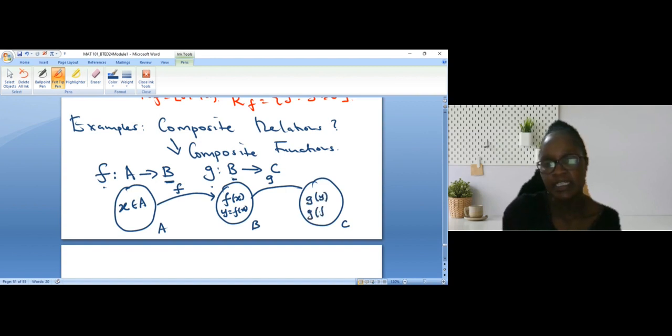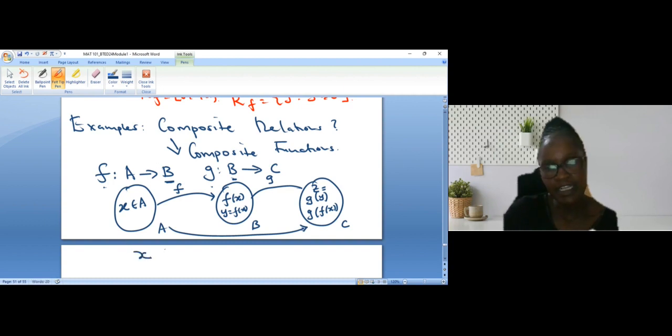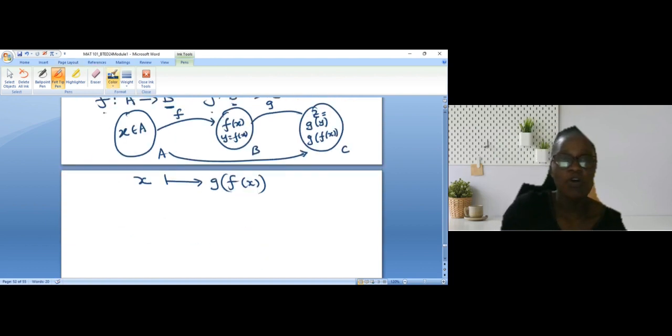And it's the same as getting g f of x. So the resulting element in the set is g f of x. And so the combined functions allow us now to define a relation from A to C. And you can see the relation here takes x to g f of x. So this relation is what we call the composite function.